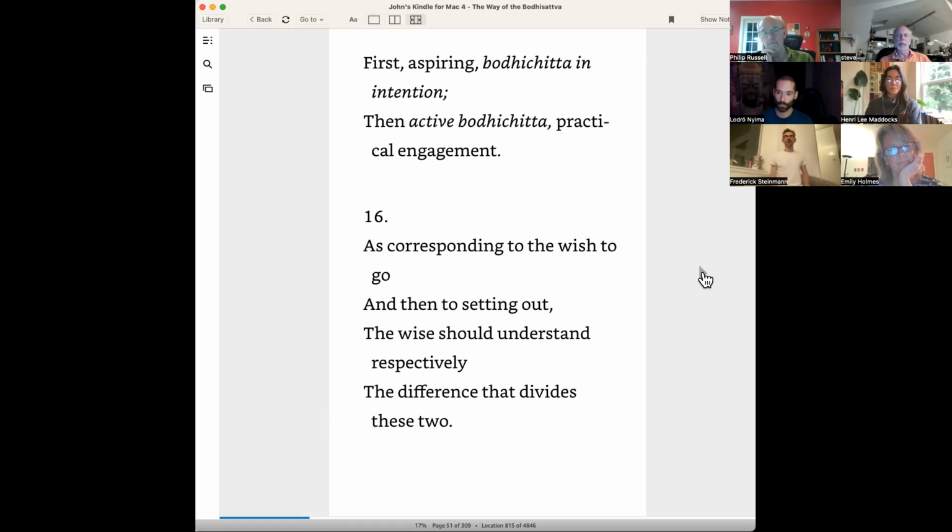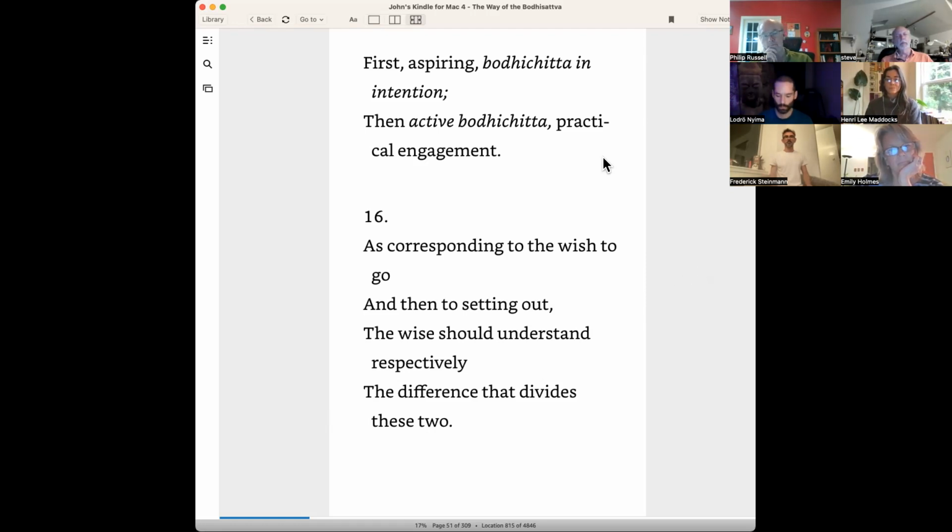In this regard, it has two more aspects. The bodhicitta of intention and the bodhicitta of engagement or activities. And what this means is, the analogy is like you have an intention to take a trip and then you get in your car and you do it.